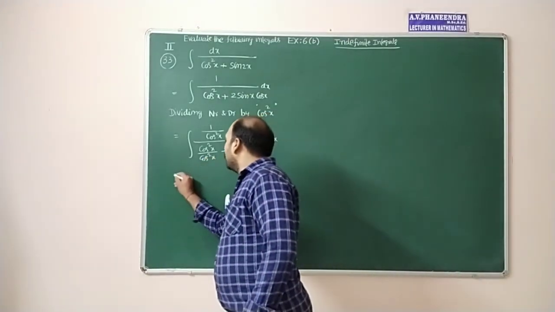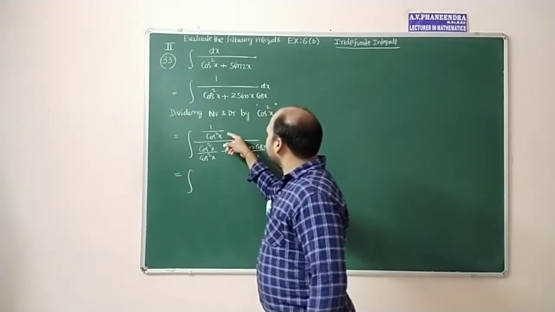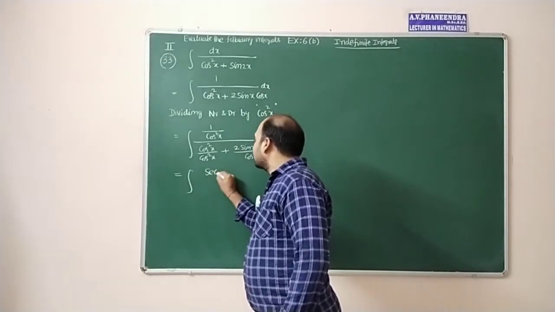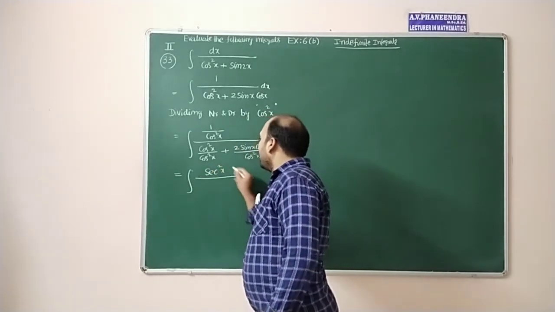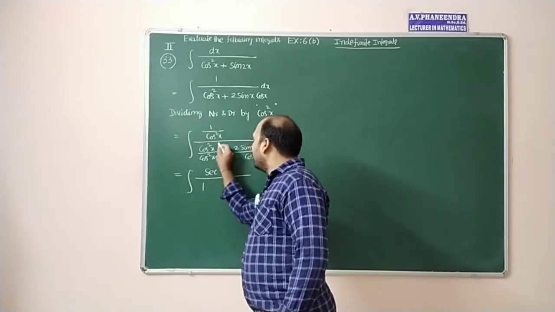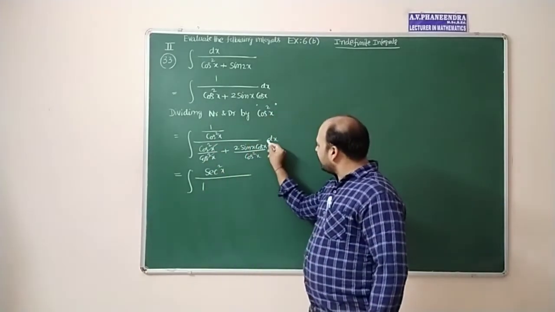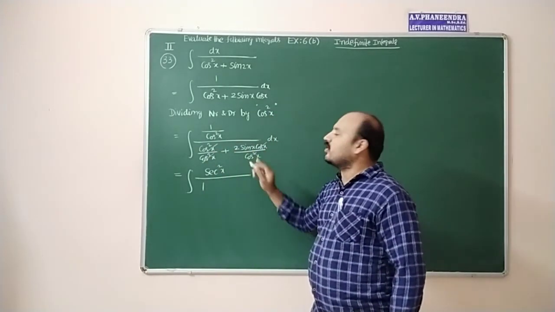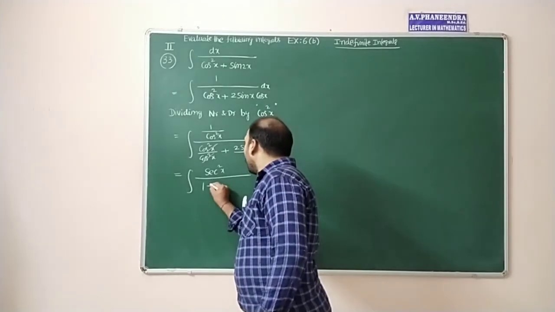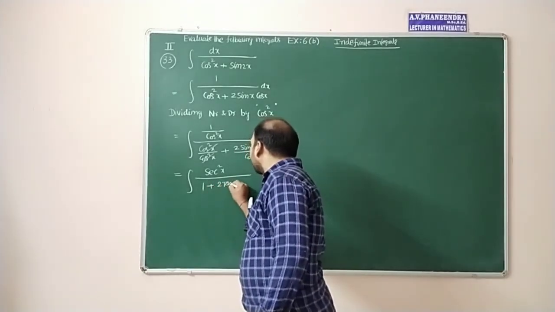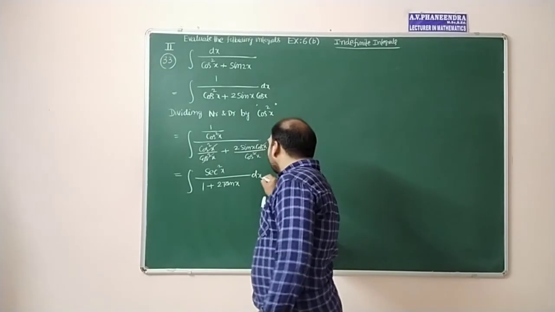Now, 1 by cos square x is secant square x, divided by cos square x by cos square x is 1. Here one of the cos x will be cancelled, sin x by cos x is tan x. So 1 plus 2 tan x into dx.